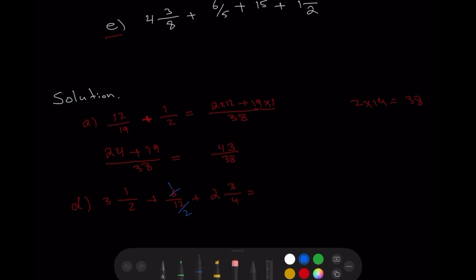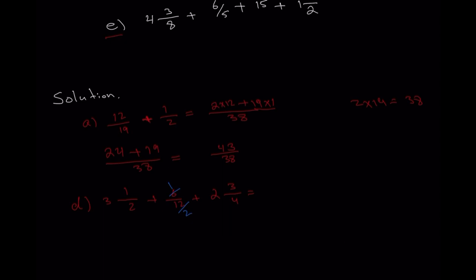Before we do anything, we have to convert these to improper fractions. 3 times 2 will be 6, 6 and 1 will be 7 over 2, plus the second fraction will be 1 over 2, plus the third one, we have to simplify this too. 2 times 4 is 8, 8 plus 3 is 11 over 4.